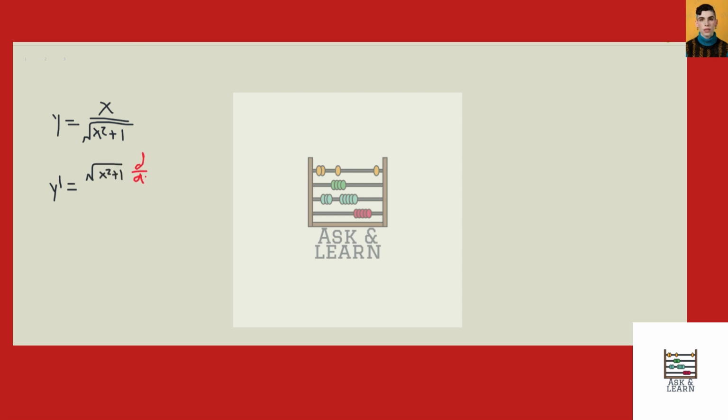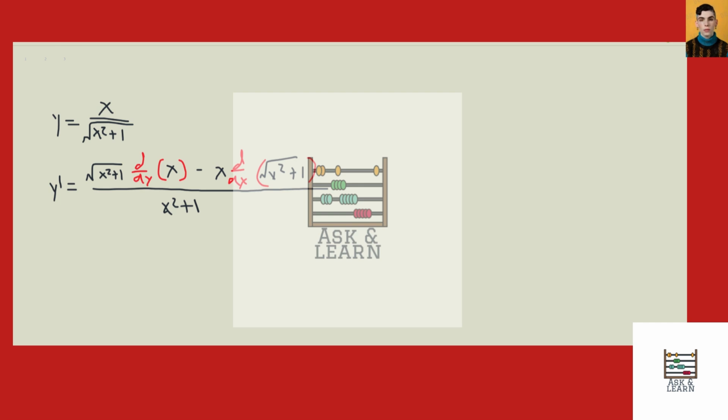So d x of what we have in the numerator, minus them in the opposite order, and x squared plus 1 square rooted, all over the denominator squared. So that would be x squared plus 1, and we would normally have absolute value on the outside here, but x squared plus 1 is always going to be larger than 1, so we don't need to worry about that.